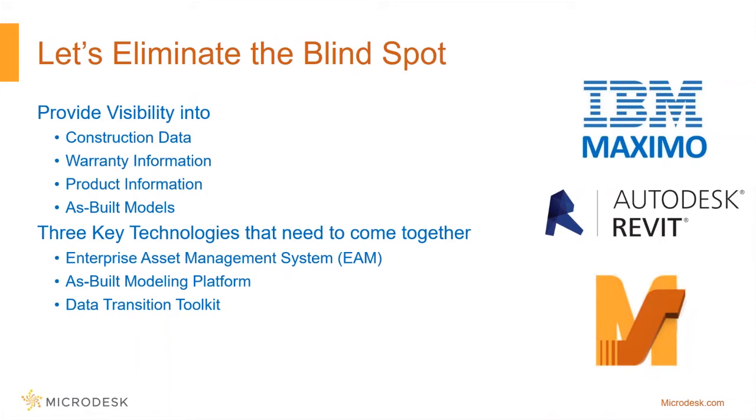So again, the old way is that you have to go back out, resurvey the facility, look for what's changed, do some data entry, do some updates to the Revit model to keep it up to date. Now with ModelStream, we're able to push and pull the data back and forth and allow for seamless communication back and forth.